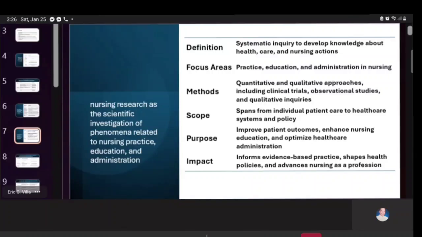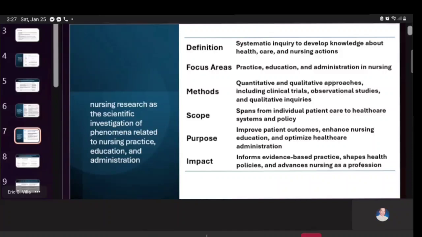Quantitative studies might involve clinical trials or large-scale surveys, while qualitative research could include in-depth interviews or observational studies to understand patient experiences or nursing processes. The impact of nursing research is far-reaching. It provides the evidence base for clinical decision-making and informs health policy at local and national levels. It also contributes to the advancement of nursing as a profession.